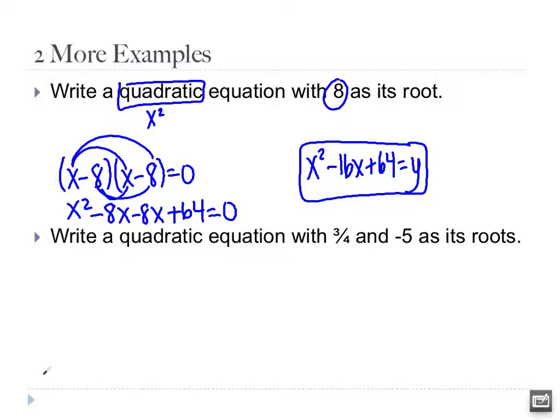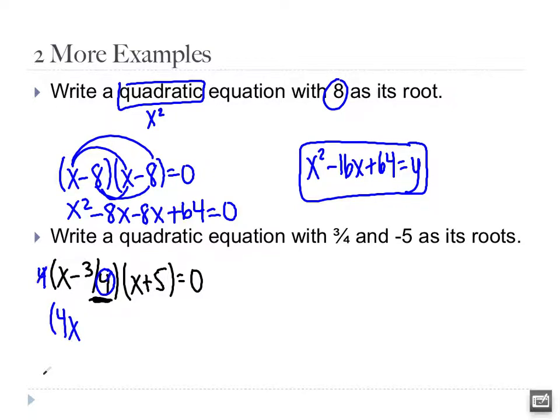Okay, last example of this type, and then we have 1 word problem. Our 2 roots are 3/4 and negative 5, so we have (x - 3/4)(x + 5). Okay, standard form, you cannot have fractions like this. So because my denominator is 4, I'm going to multiply this first set of parentheses by 4. When I do that, I have 4x, denominators cancel, subtract 3. Second set of parentheses stays the same.